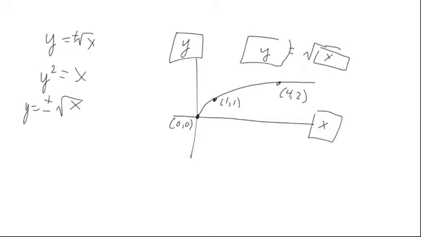For instance, what if instead of x, we were to just put x plus 1? So now this is a relationship between y and this x, but it's the same relationship between the boxes that we had before.